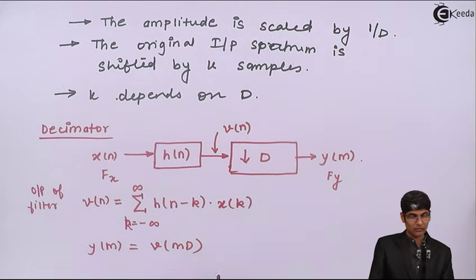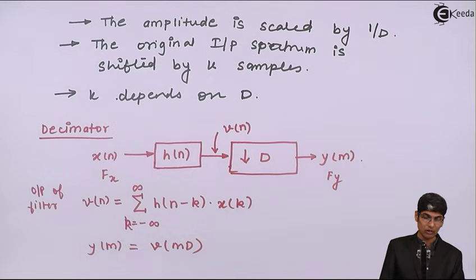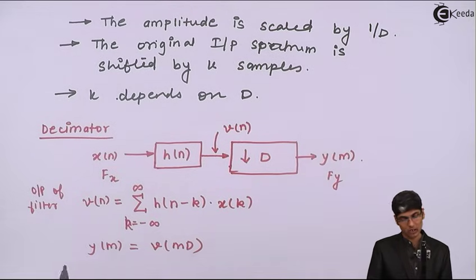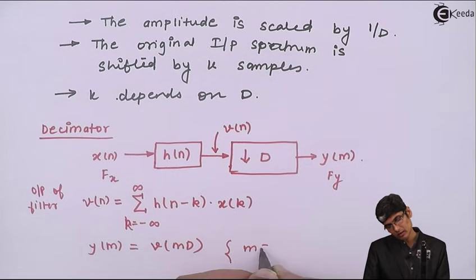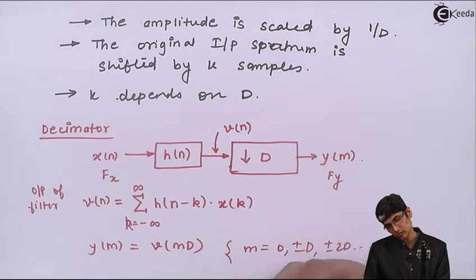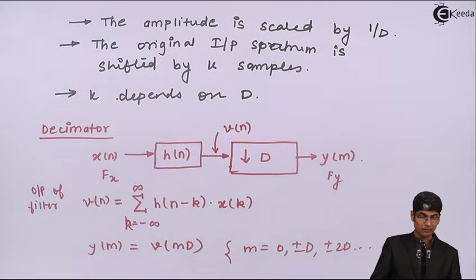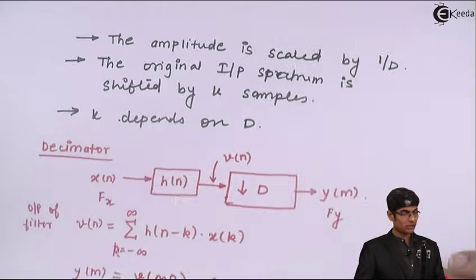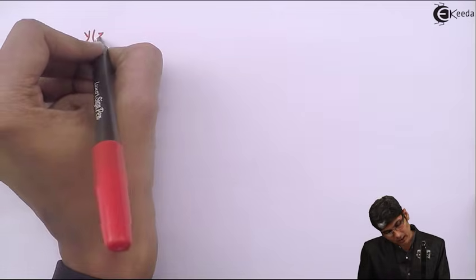So instead of getting x of n as an input, I am going to get v of n as an input, which is v of md for m taking 0, plus minus d, plus minus 2d and so on and so forth.